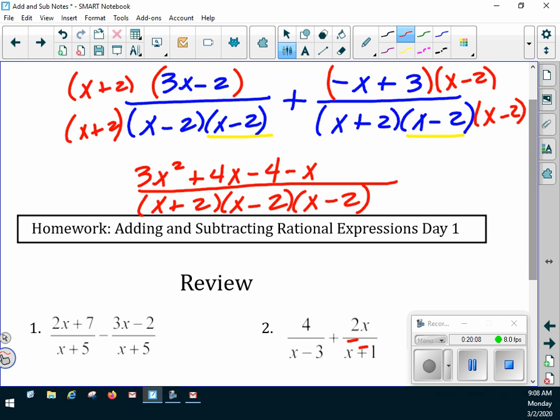Negative x squared. Outside. Negative times a negative. So plus 2x plus 3x. What's plus 2x plus 3x? Plus 5x. Last.